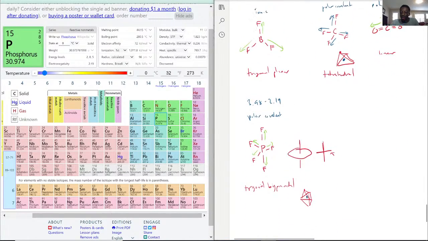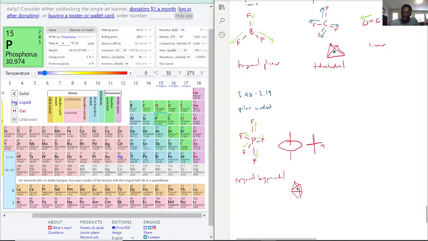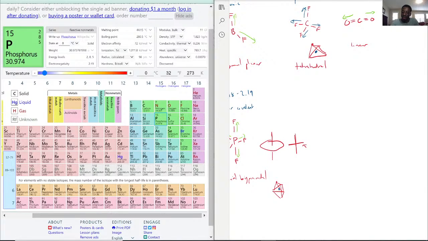And you can probably guess it with the SF6. SF6, that one, to me, is kind of funny because it's actually just called octahedral. The reason why is not because it forms an 8 shape per se, but almost like that actually.